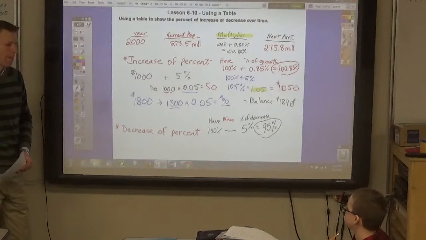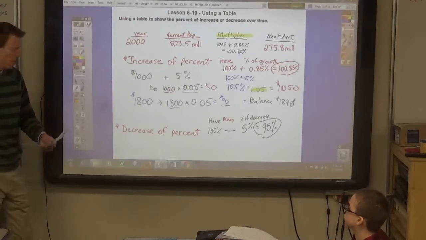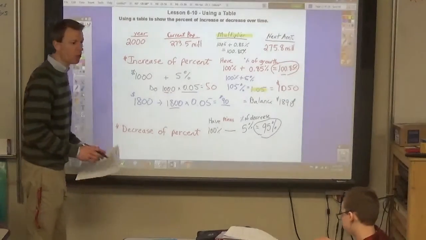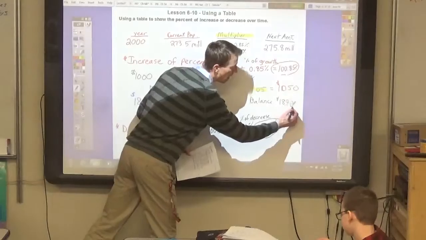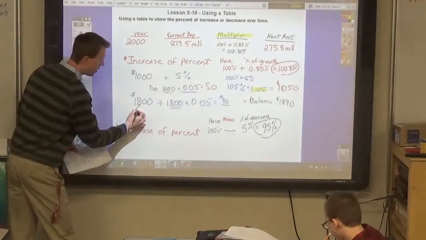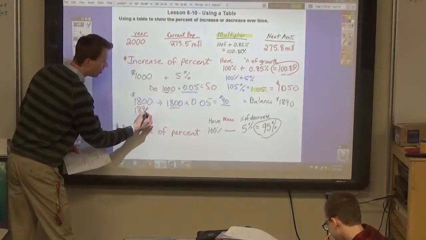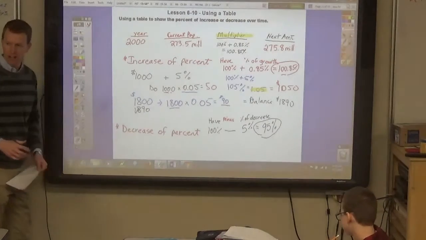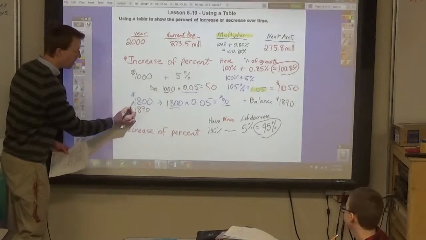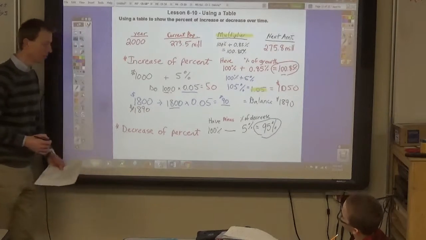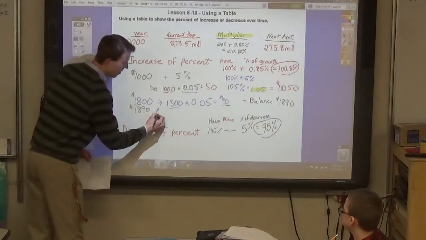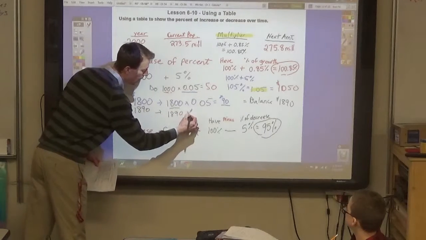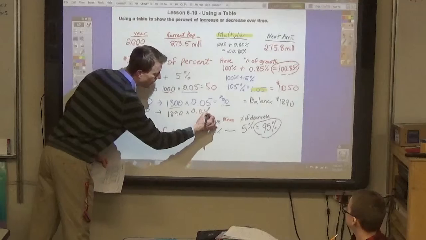Okay. Then, in order to do the second row, you have to start with the ending balance. So in year 2, you're going to get paid 5% of the second year's balance. So write 1,890 here in the second row, and then do 1,890 times 0.05.